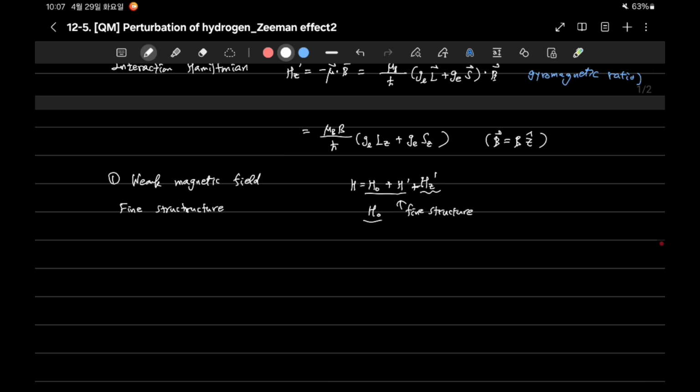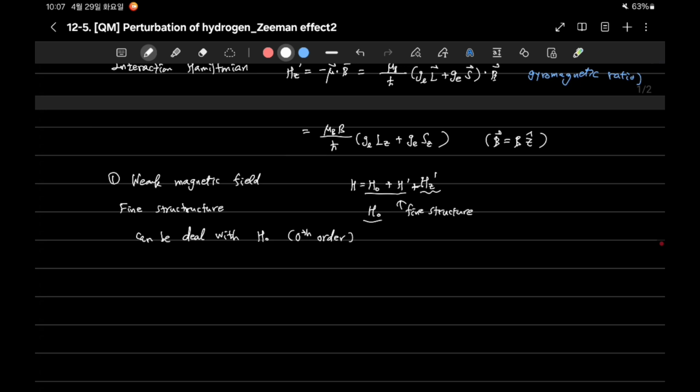So the fine structure can be dealt with as H0, meaning the zeroth order, even though it is a perturbed Hamiltonian from the ground state Hamiltonian.